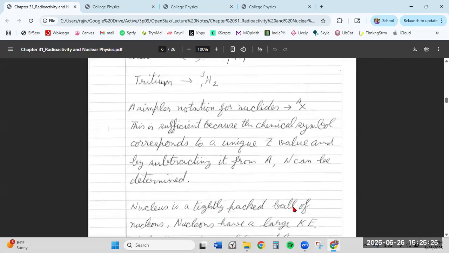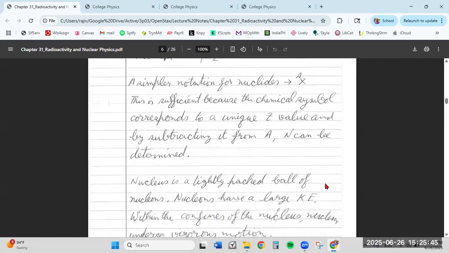This is sufficient because the chemical symbol corresponds to a unique Z value. So if you know the chemical symbol, you can look it up in the periodic table and figure out what the number of protons, or what Z is. And then if you subtract it from A, you can find N as well.